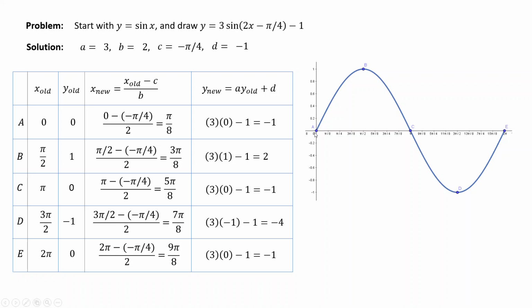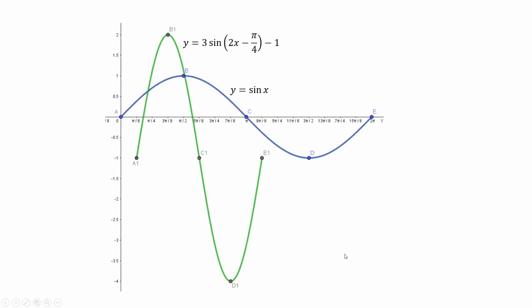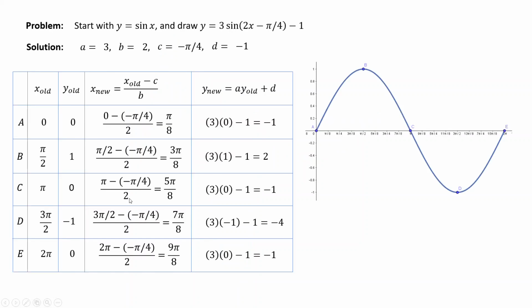And once we do, we just draw a smooth curve between those points. I have done that for you here. Pi/8, negative 1. 3 pi/8, 2. 5 pi/8, again negative 1. 7 pi/8, negative 4. And so on. Those are the values.